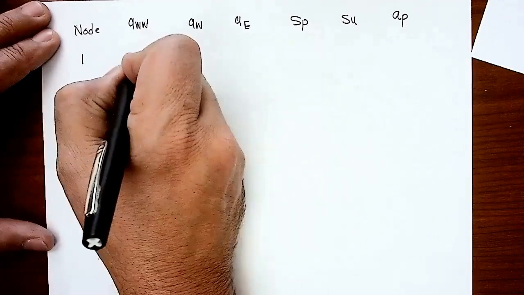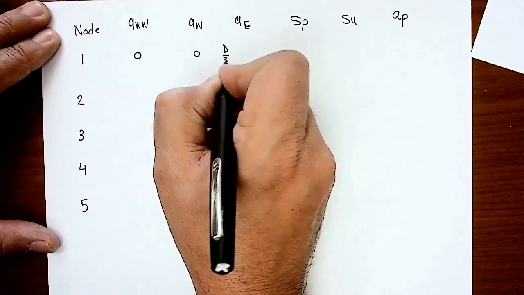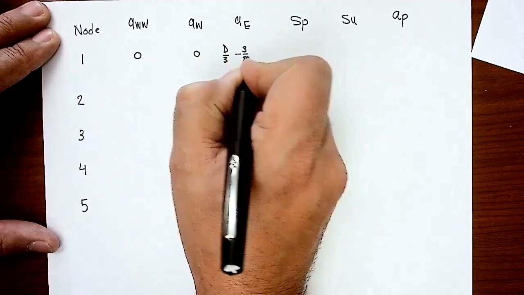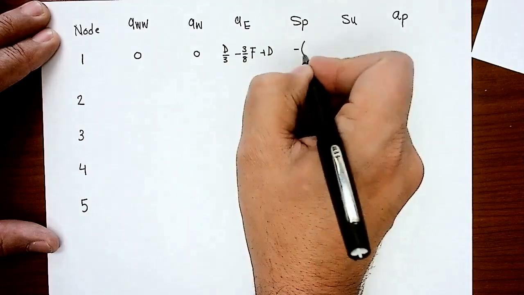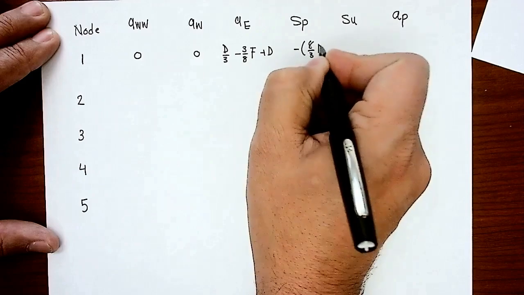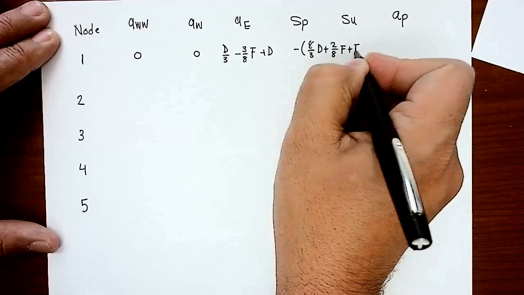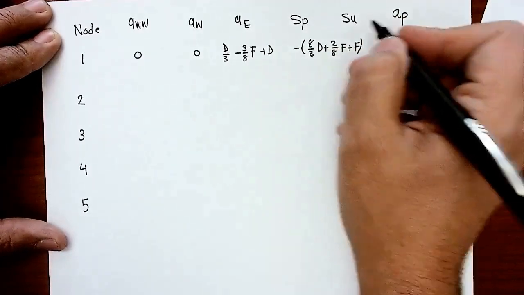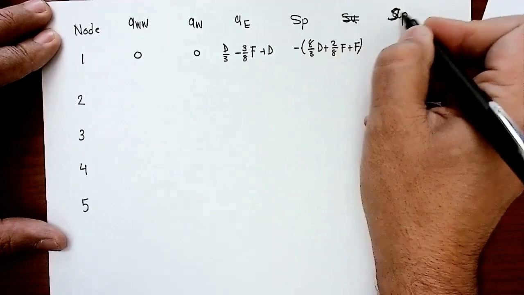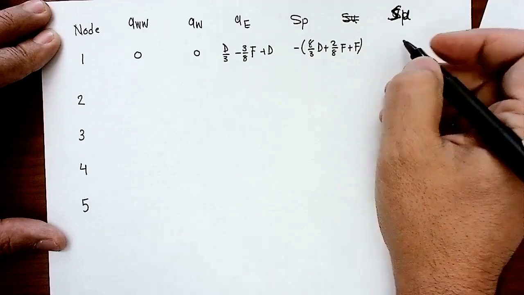So AWW here is 0, 0. This is D over 3 minus 3 over 8F plus D. This is minus 8 over 3 D plus 2 over 8F plus F. This SU, I'm going to maybe shift that. And we can calculate the AP at the end.